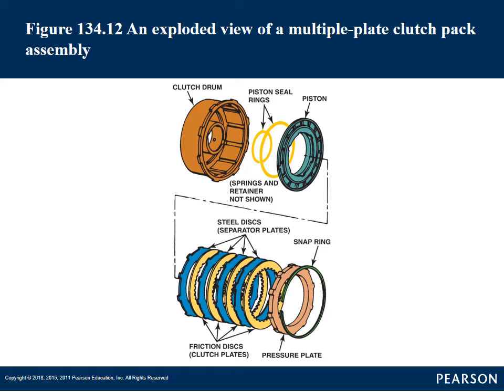There is going to be another snap ring. If you see the piston, there's going to be a spring assembly on top of that piston. In most cases, there's going to be a snap ring that holds that spring assembly in the drum, which holds that piston in place.